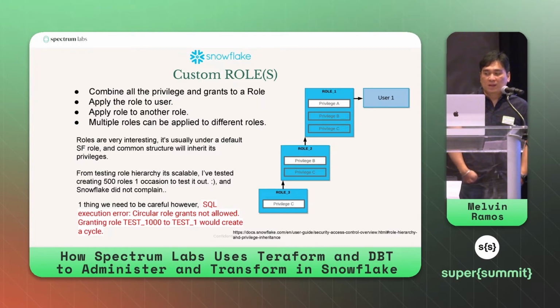So it's very good because then you can combine different roles in one role, and then you apply that role to your user, right? So now you can have that hierarchy set up that's easily trackable, right? So you know what you assigned to that user because you have the role that has the hierarchy of everything, right? So you can apply the role to the user, as mentioned here, and then you can apply a role to another role, which is really good in setting up the hierarchy.